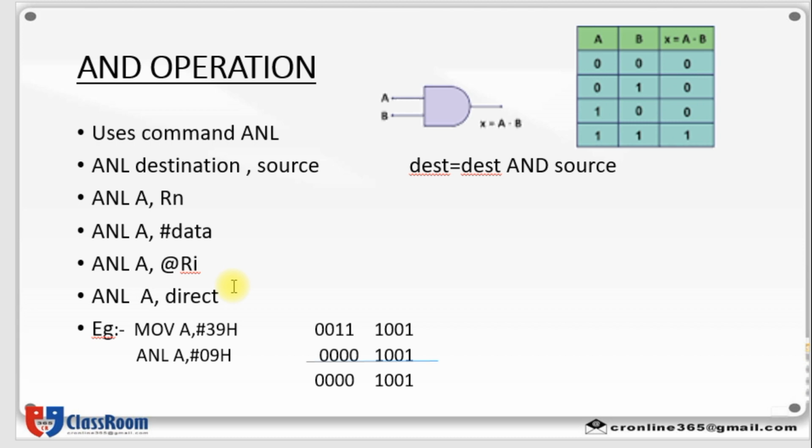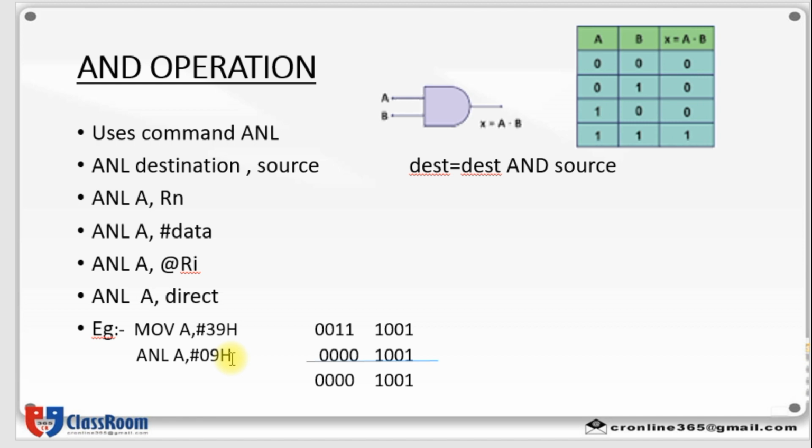Then how is this AND operation performed by the 8051 microcontroller? Let us see by using an example. MOV A comma hash 39H. A will be loaded with the value 39H. Then ANL A comma hash 09H.